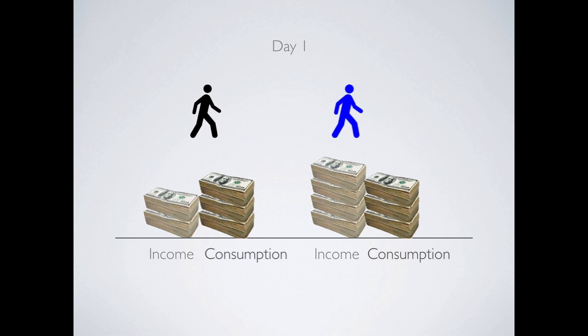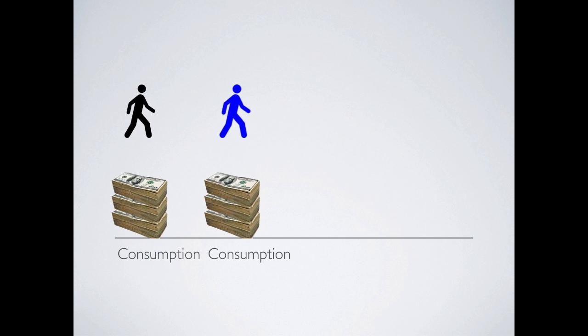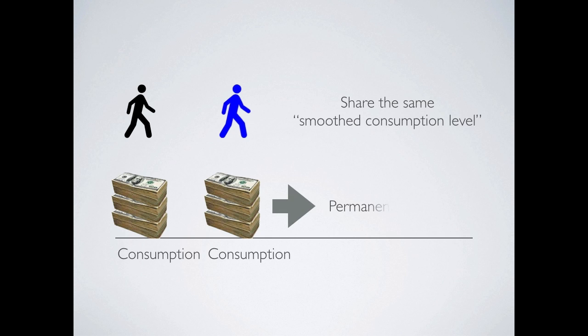That is because they must have the same ability to have the same smooth consumption level. This smooth consumption level that they can achieve, we call it the permanent income level that they have. Therefore, if 2 households have the same permanent income level, they will be able to achieve the same smooth consumption pattern.